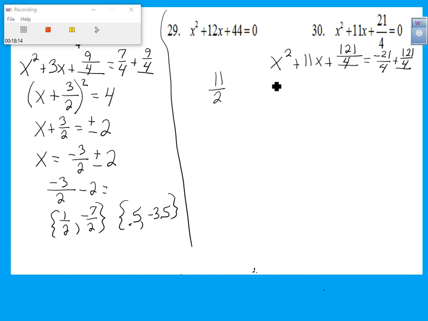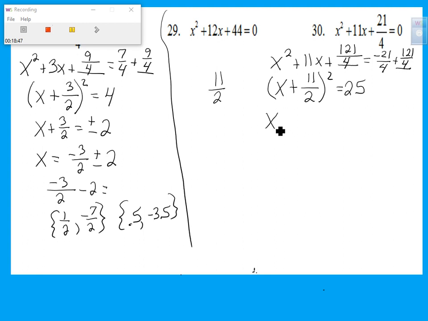When we write this as a perfect square trinomial, I've got x plus the square root of 121 is 11. The square root of 4 is 2. So I have x plus 11/2 squared equal negative 21 plus 121 over 4 is simply 25.